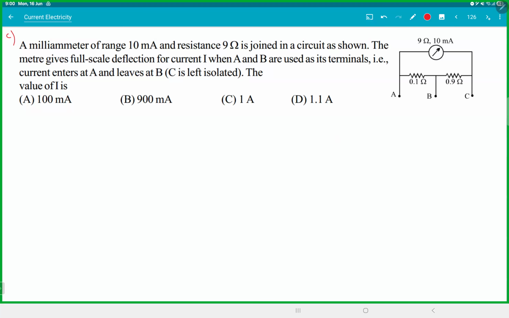So we have a milliammeter of range 10 milliampere. Resistance is 9 ohms, but there are 3 terminals. Get this, you got a minute.